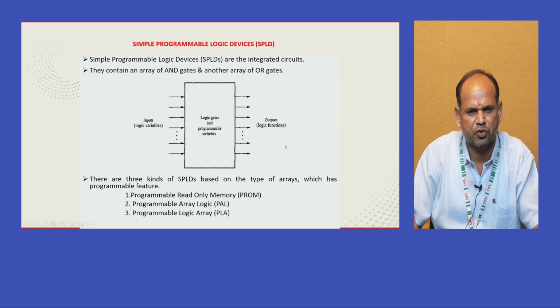Now this is the structure of a simple PLD. It consists of an array of logic gates such as AND gates and OR gates, having multiple inputs as well as multiple outputs.